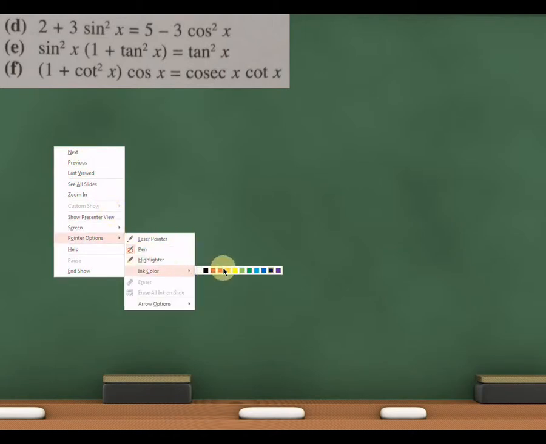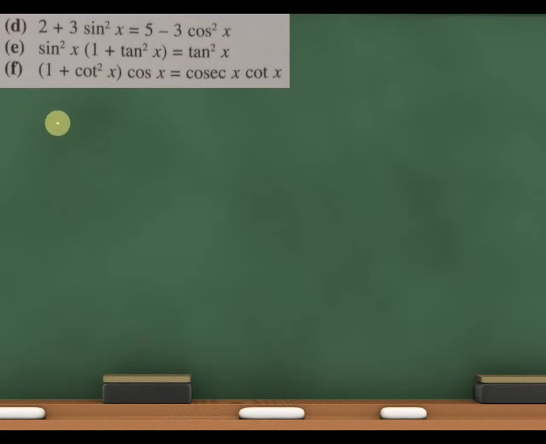So again, it's a good habit to write down the identities, but since I already know them, I will not write that down. As I copy down the question, I notice again the right hand side is simpler, so I will start from the left hand side.